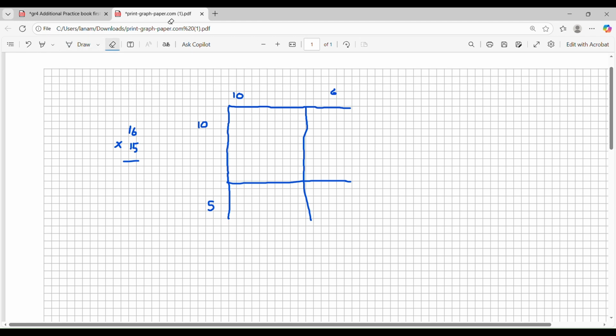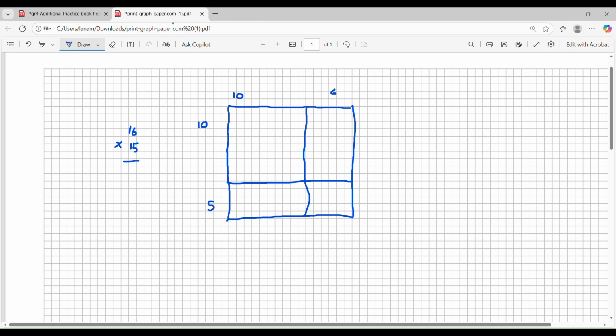That wasn't a really nice line, so let's imagine that it's a straight line. So here we have 16 squares repeated 15 times. Here I have 10 and 6, and here we have 10 and 5.